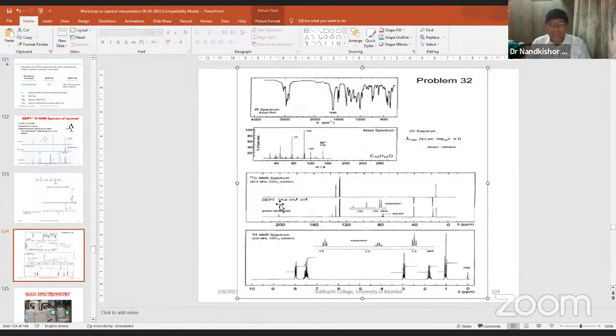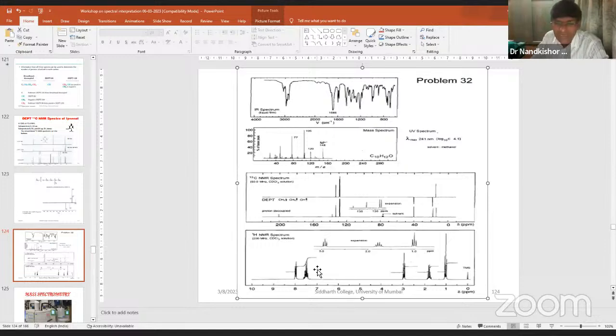It is mentioned here that CH2 peaks are negative, and CH3 and CH peaks are positive. So the ones below are the CH2s, and then you can easily work out the CH peaks from the top. This way, reading the C13 spectrum will be very, very easy. You can easily identify which group is which.